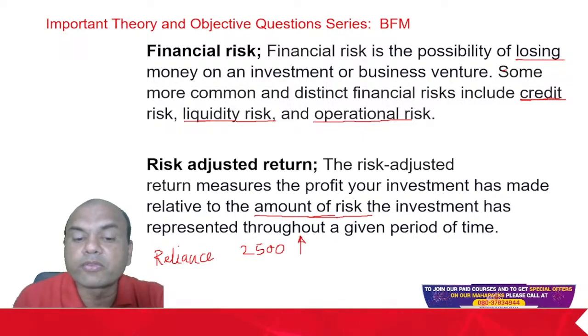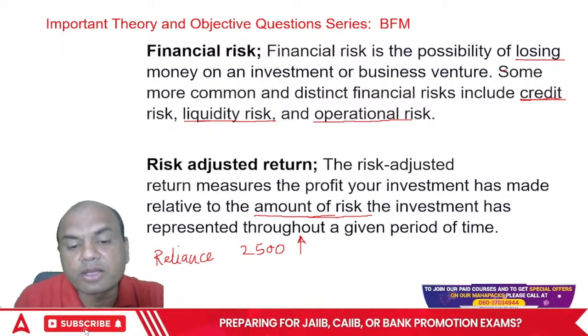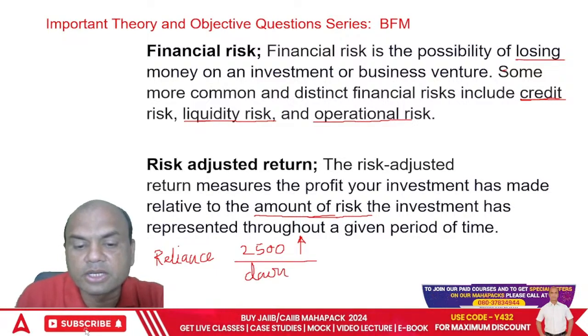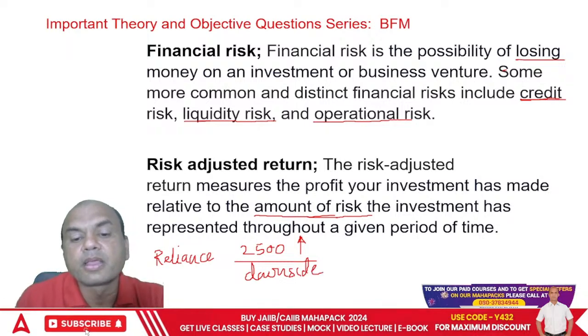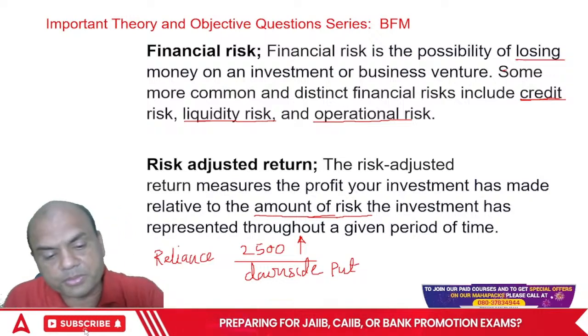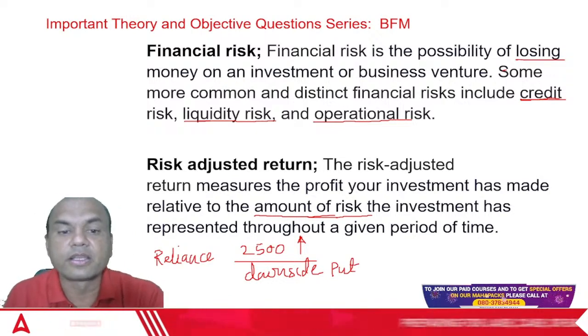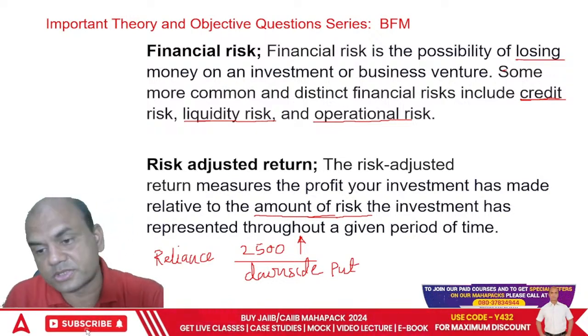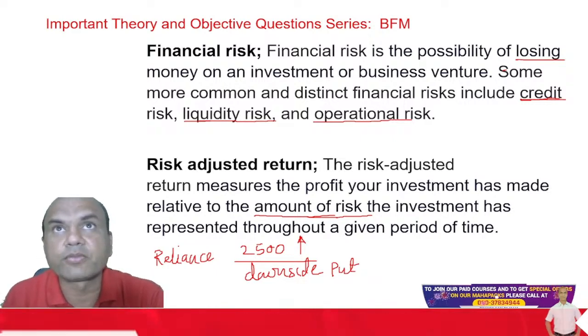But if it goes down, then to cover this downside potential or downside risk, this risk is covered using put options. But whenever you buy a put option, it will carry a cost, because a put option doesn't come for free.